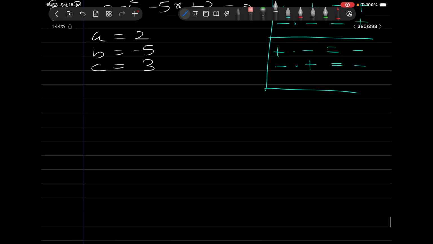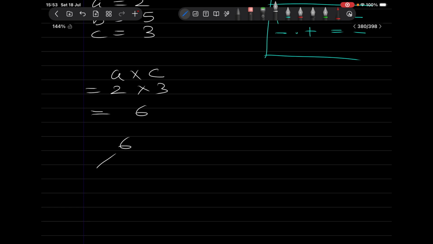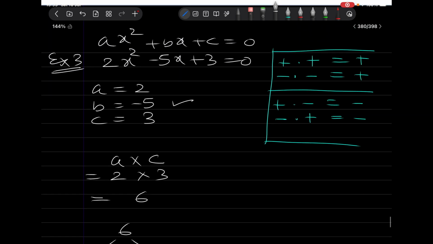Now in step 1 we multiply a into c with sign, that is 2 into 3, that is equal to 6. Now we will split 6 into the product of two integers such that the sum equals the middle term's coefficient, that is the coefficient of x, which is minus 5.